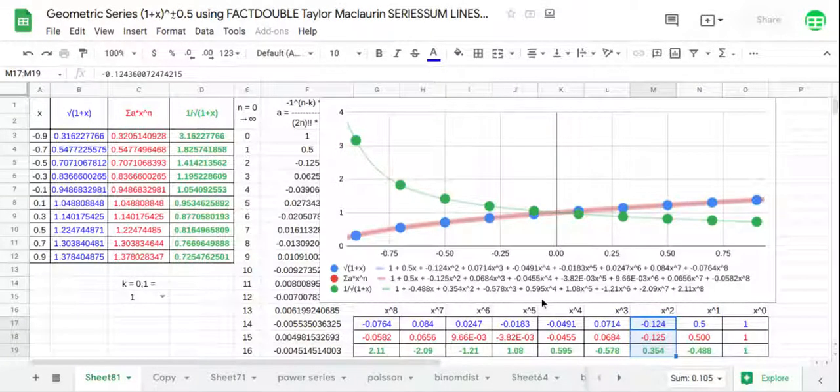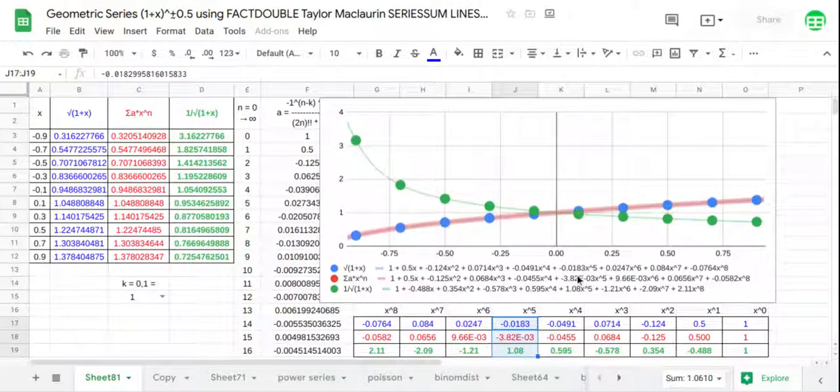Coefficient of x squared, negative 0.124, negative 0.125, and 0.354. Coefficient of x cubed, 0.04714, 0.0684, and negative 0.578. X to the fourth, 0.0491, negative 0.0455, and 0.595.